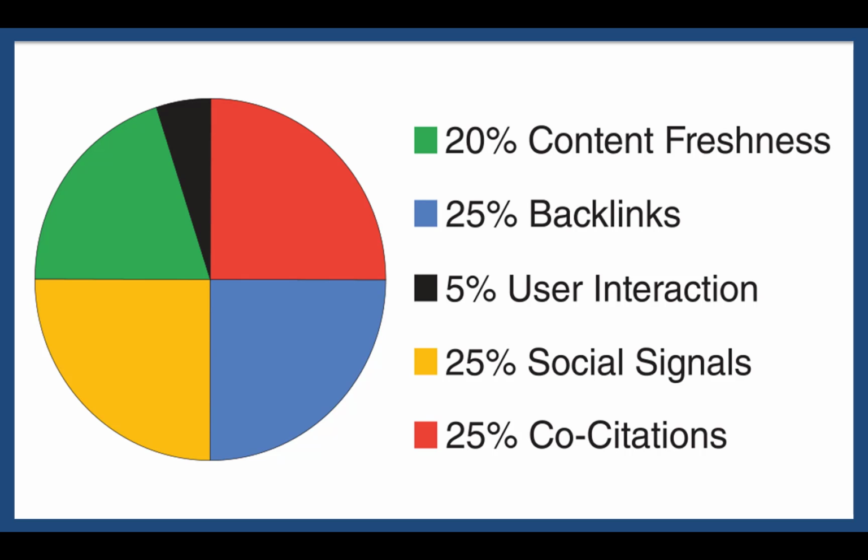So there are a number of different ways that a site can become authoritative. If you have freshness of your content, that makes you look like really a news source to Google. You could update your blog often, and that definitely has some weight to it. Of course, there's backlinks. Backlinks are important.